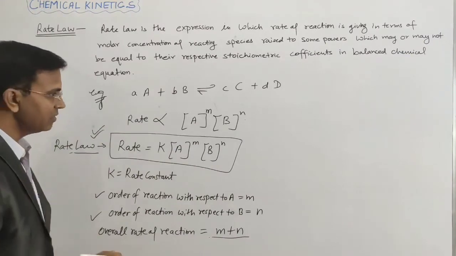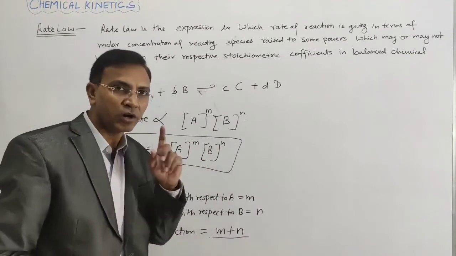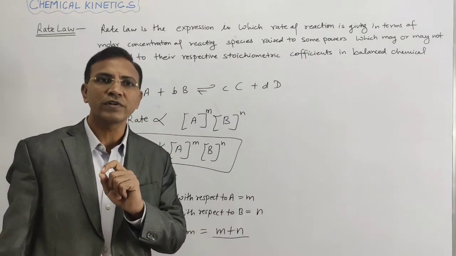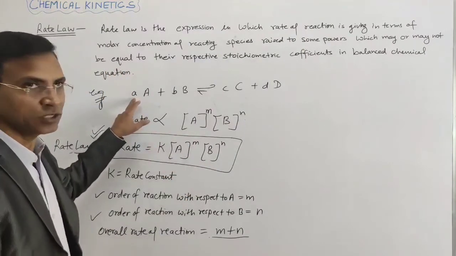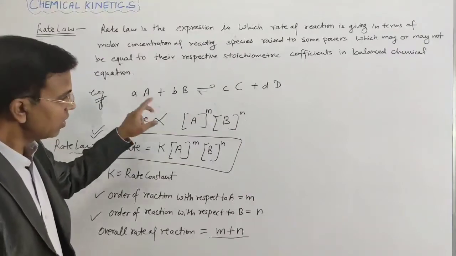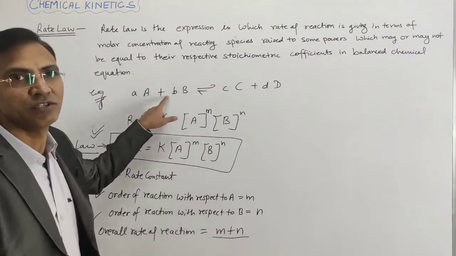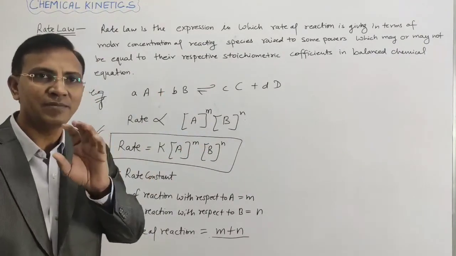This is the main thing. This m plus n gives the overall order of reaction, and m and n may or may not be equal to the respective stoichiometric coefficients. That depends.